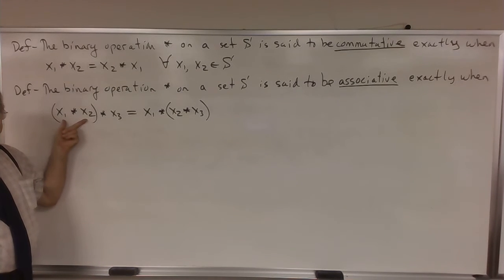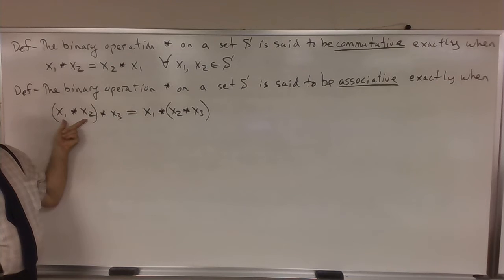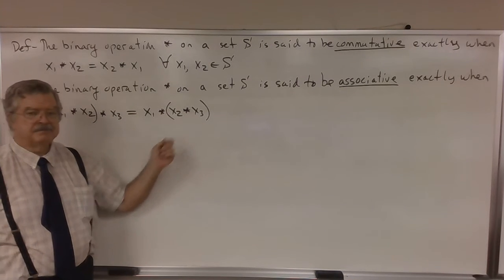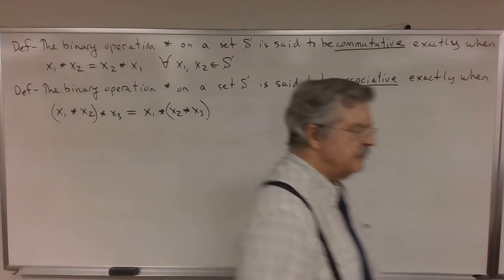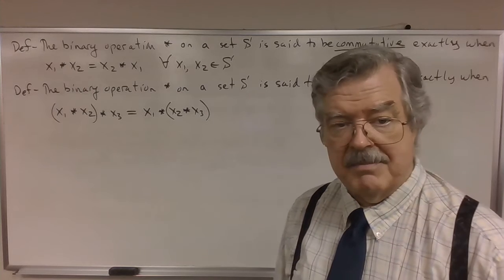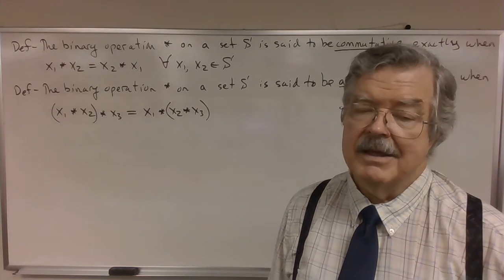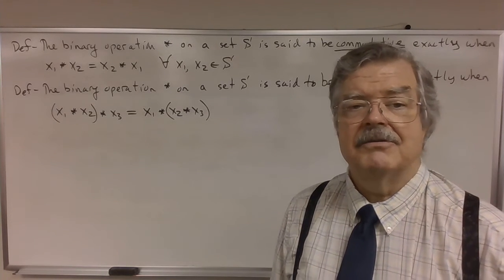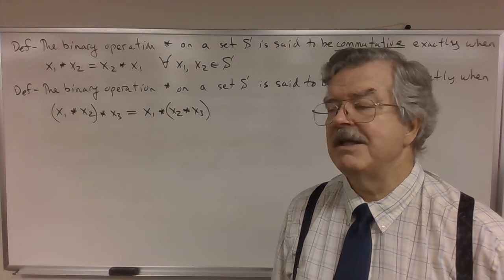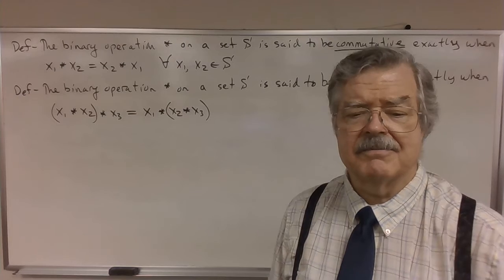We can take any pair of adjacent elements and associate them together first, and the order will not matter. Now let's take a look at some examples, some of which may be associative and commutative, some which may be one but not the other, and others which may be neither associative nor commutative.